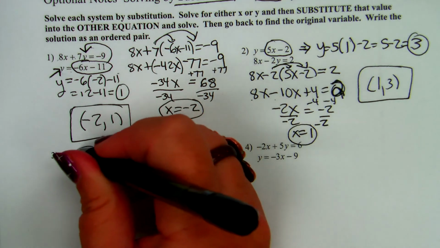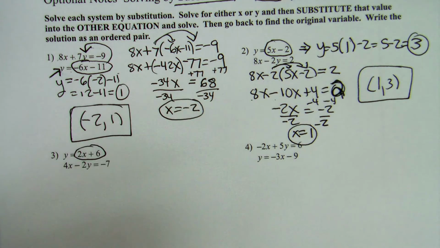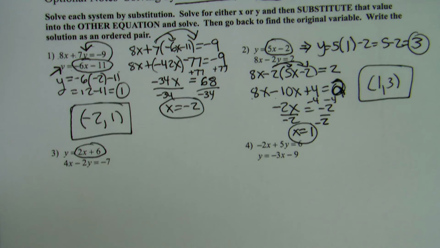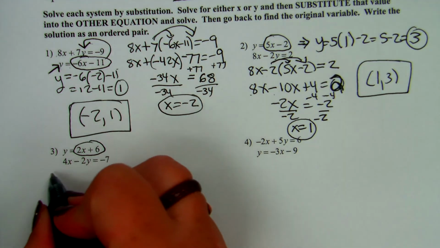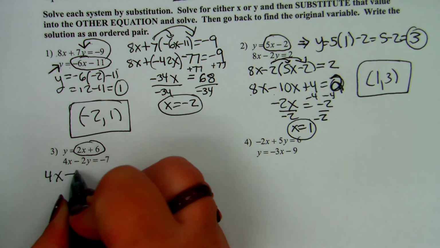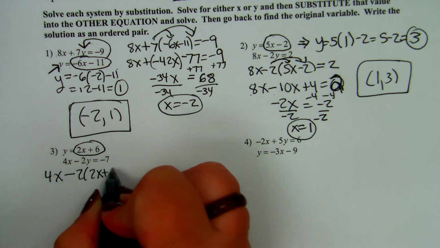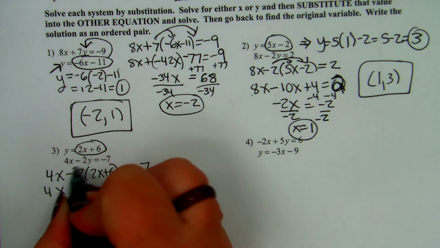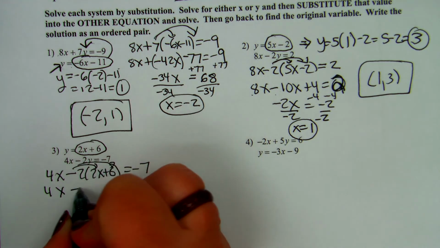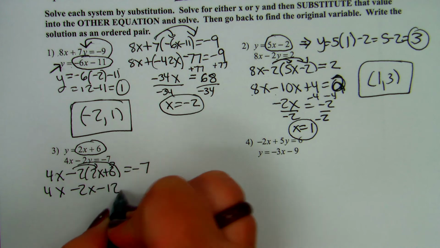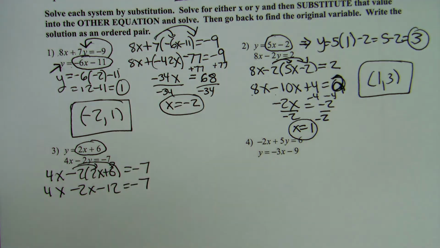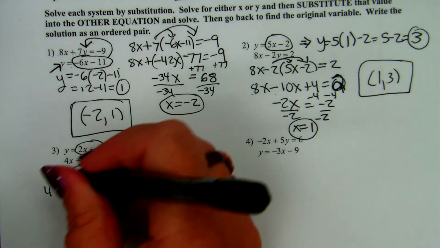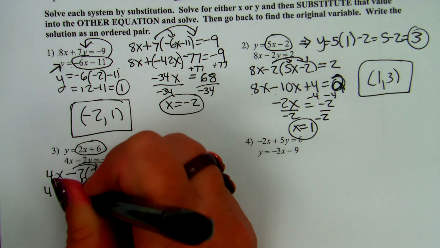Here's another one. It doesn't always have to be y equals, it can be x equals if they give it to you that way. Wherever there's a y, we're going to substitute in 2x plus 6. So distribute negative 2x minus 12 equals negative 7. Two times 2 is 4. I multiplied wrong.